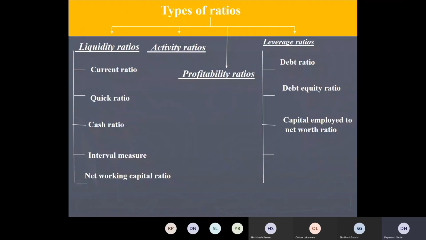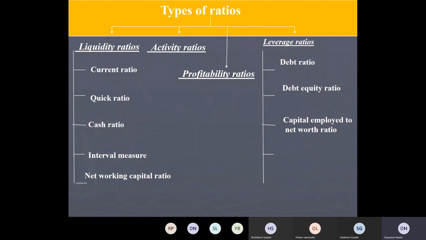Liquidity ratio, as the name suggests, will help you find out the firm's ability to meet its current obligations. Activity ratio helps you know how well the resources and assets which the firm owns are utilized, whether there is less wastage, or they are efficiently converted into final products and the final product into cash.